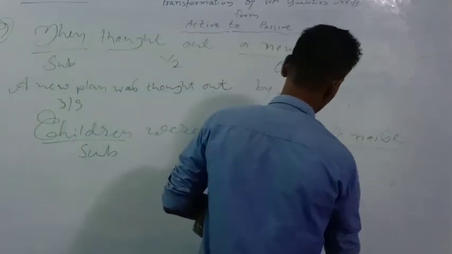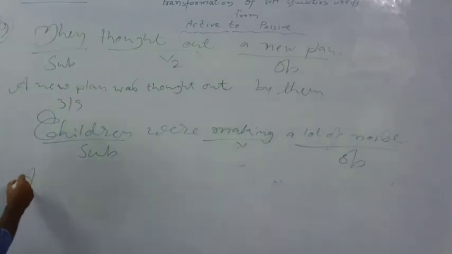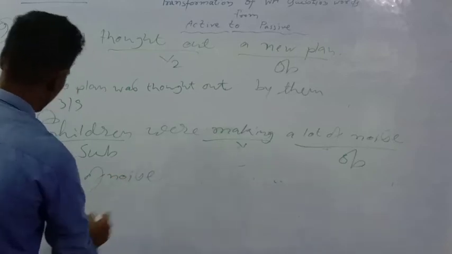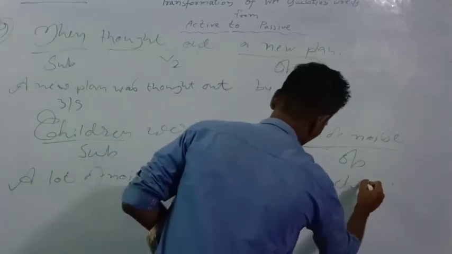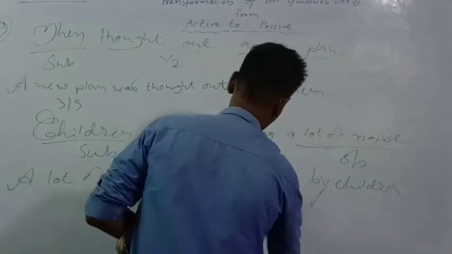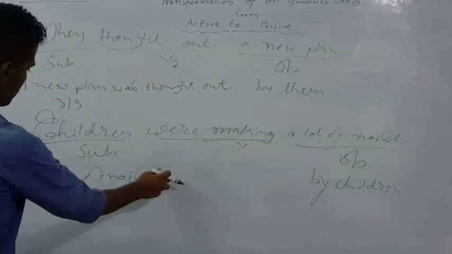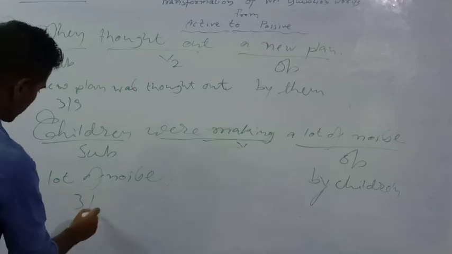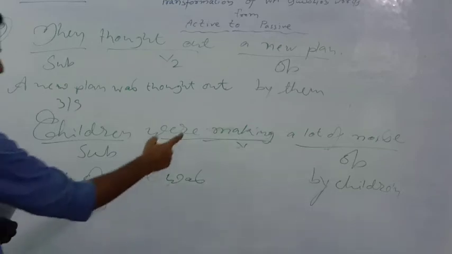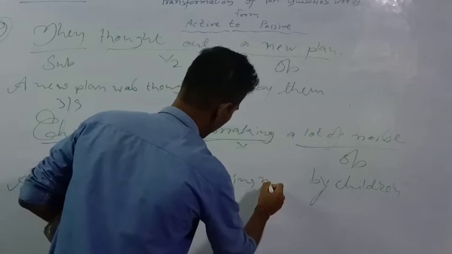A lot of noise, object. The object will come into the subject place. Interchange. A lot of noise. Here it will go children, here by. Were making, past continuous. So past form of be verb, was or were. A lot of noise, third person singular number, so was. Then for ing, being. Then make, V3, made.